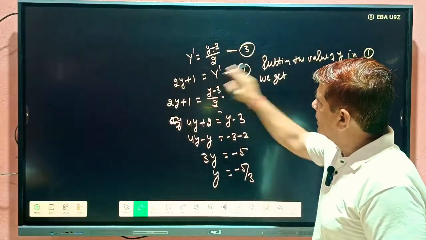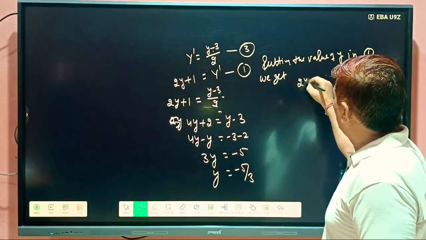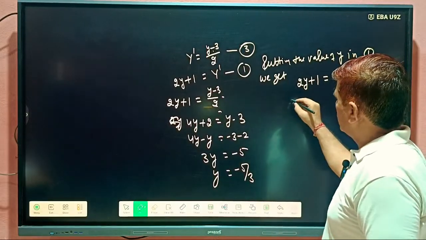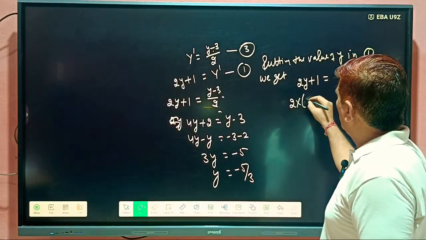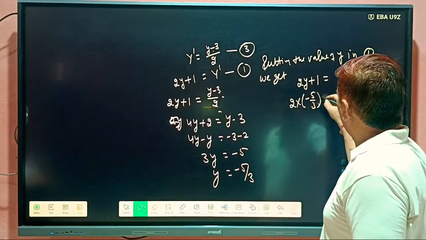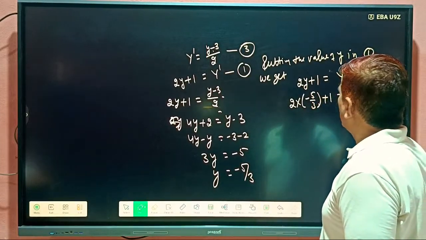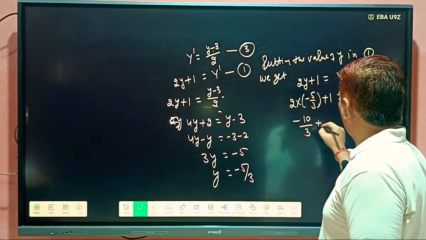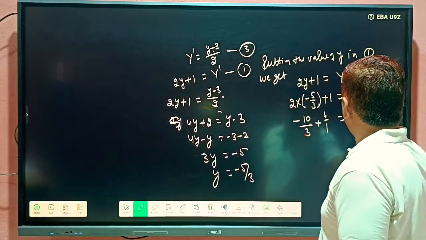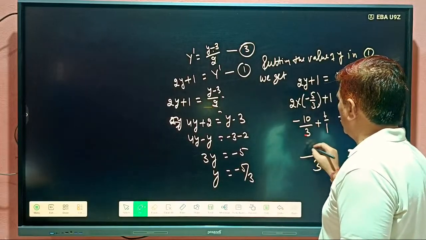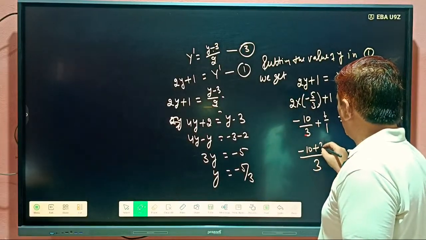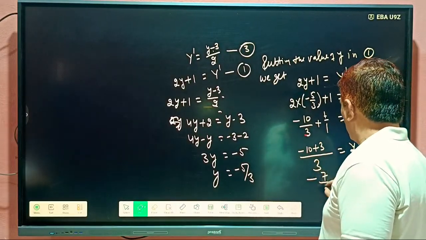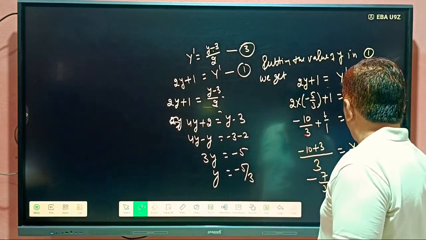Which one is the 1? This. So 2y plus 1 equal to y dash. So 2 into minus 5 by 3 plus 1 equal to y dash. So how much does it become? Minus 10 by 3 plus 1 by 1 equal to y dash. What's your LCM? 3 is your LCM. Minus 10 plus 3 is equal to y dash. So minus 7 by 3 is equal to y dash.